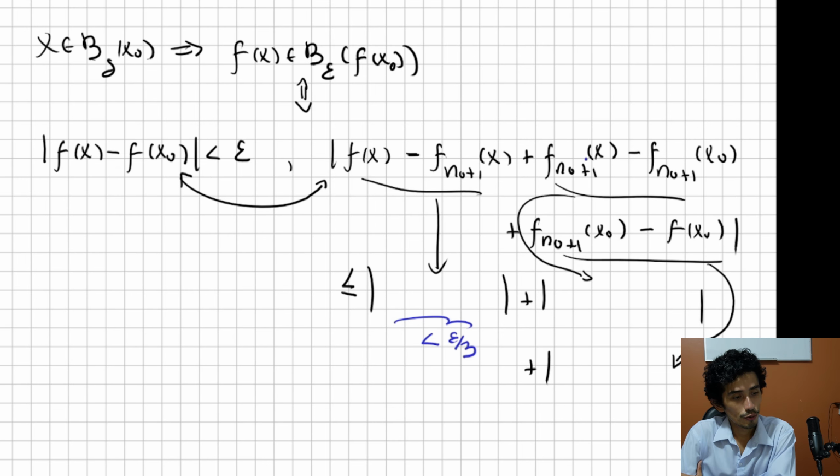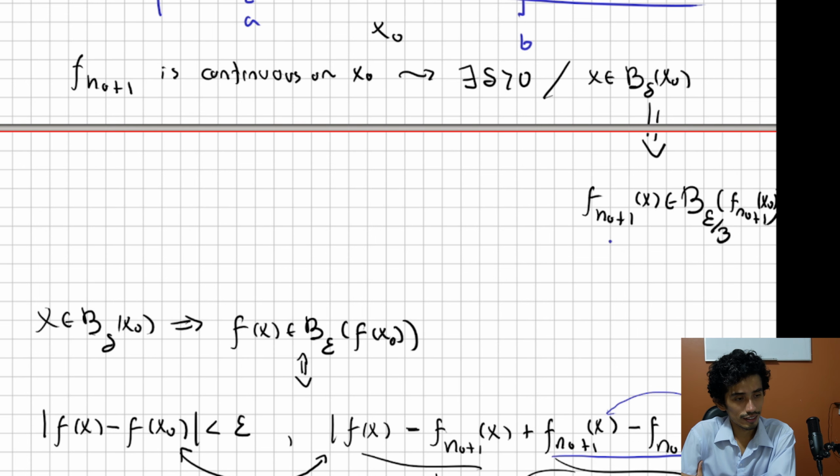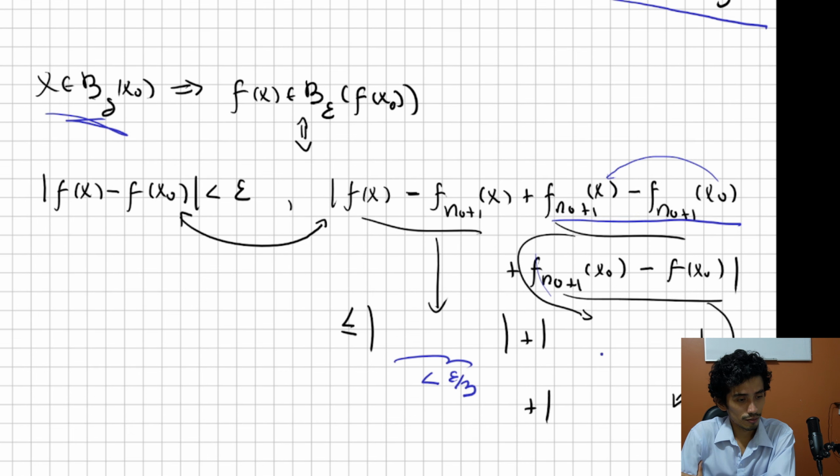Now here we have the difference of the same function at different values, but we are under this case because x was taken here, so this is smaller than epsilon divided by 3.